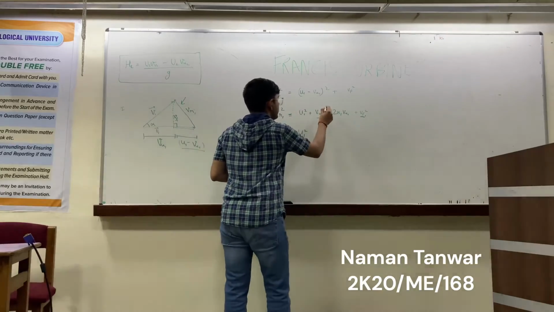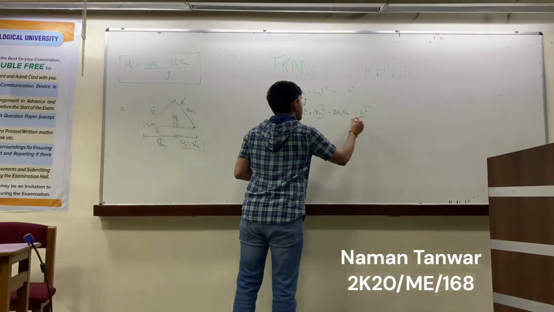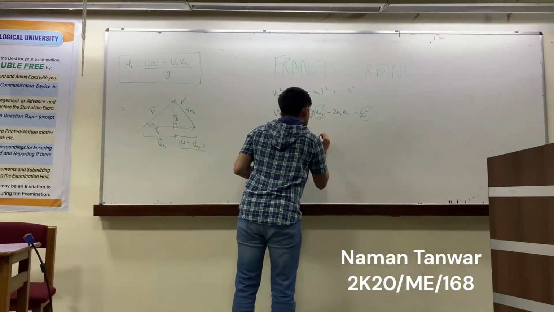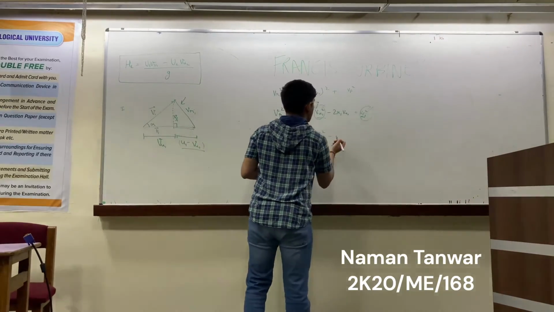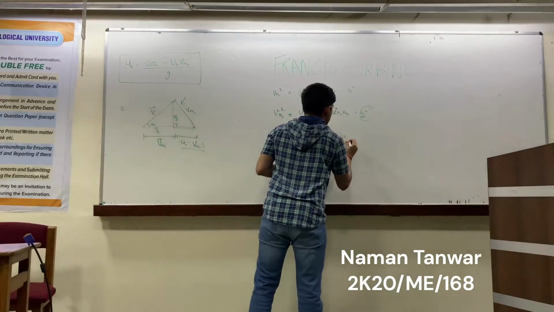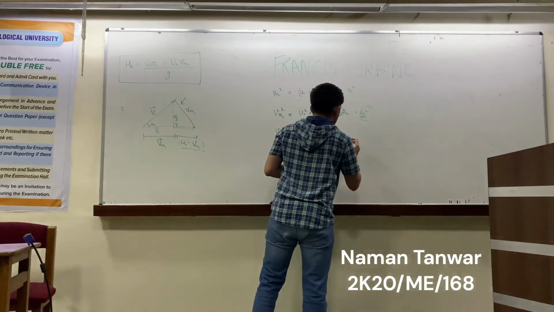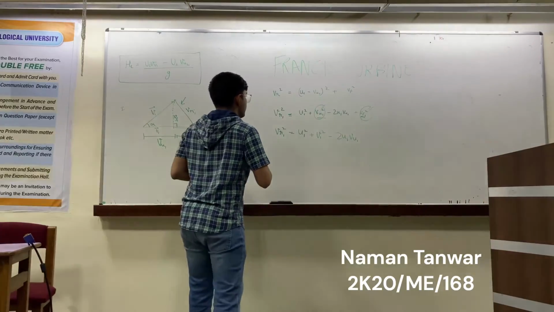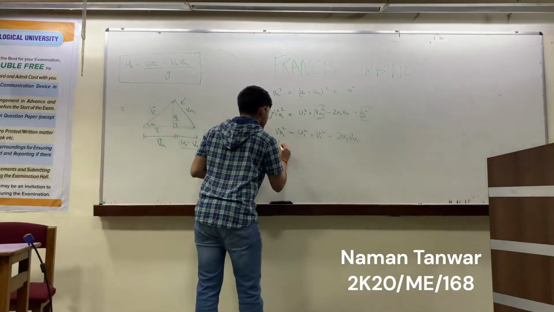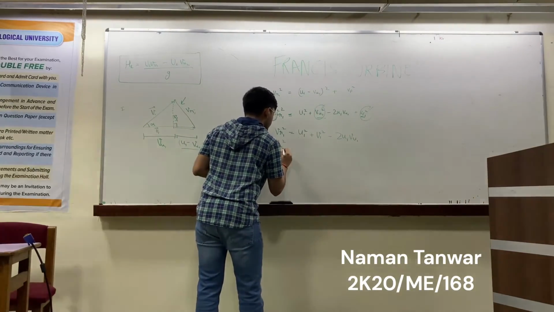U1 square, and V1 square because we are talking about the inlet here, minus 2 U1 V U1. Similarly, we will get the expression for outlet.